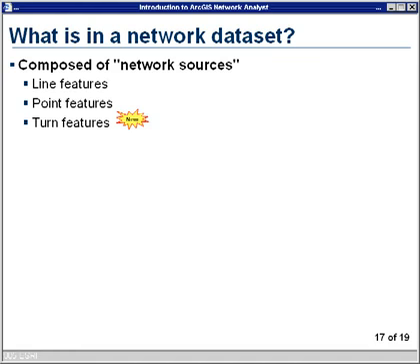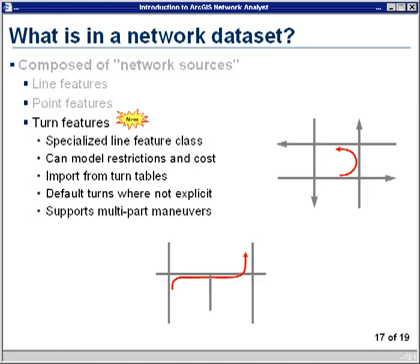There are also turn features. Turn features are really simple line features with specific fields, and they define turn elements. Turns model explicit transitions between two or more edge elements. They specify that traversing a specific set of edges is restricted or has specific costs. For example, a turn may model that a specific intersection does not allow U-turns, or that a specific turn takes 5 minutes.